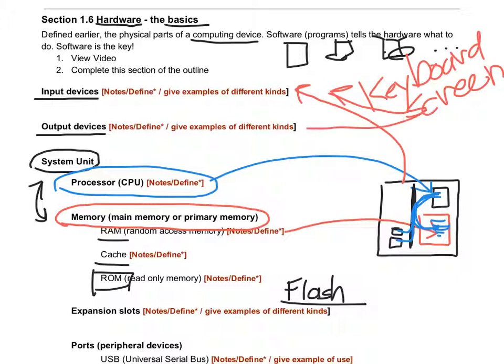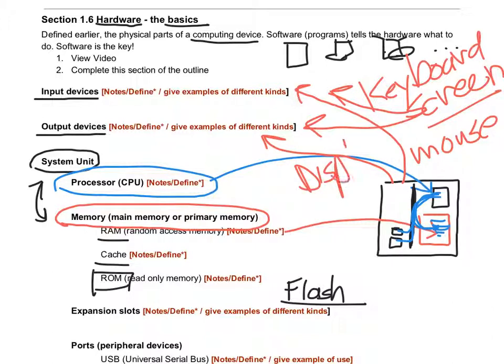Input and output, right? We can touch the screen. You might have a mouse. For output, you might have a display, and so forth. Speakers, printer could be connected to your computer.